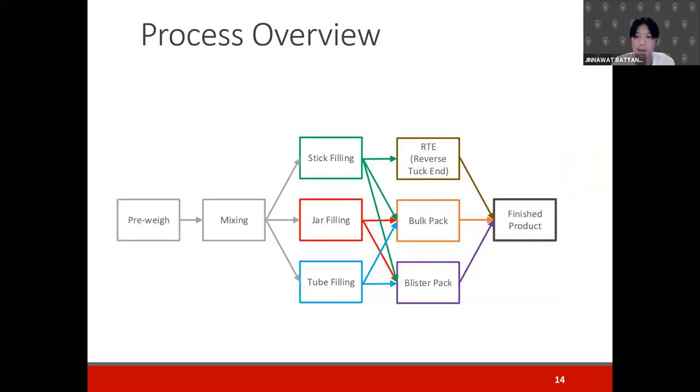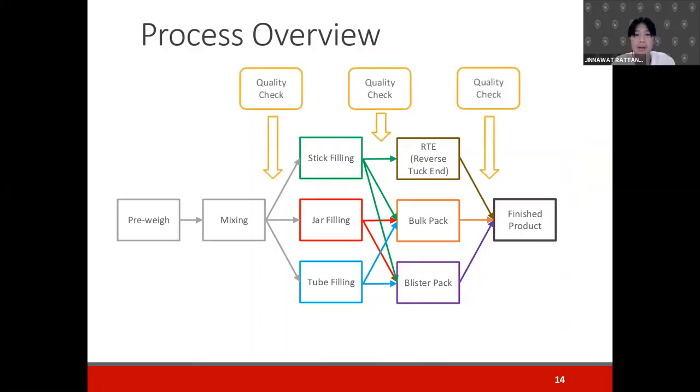And next we have the finished product. As I worked there, they have a quality check for all types of the process. After mixing, they have to check that the formula works well and is what they and the customer need.